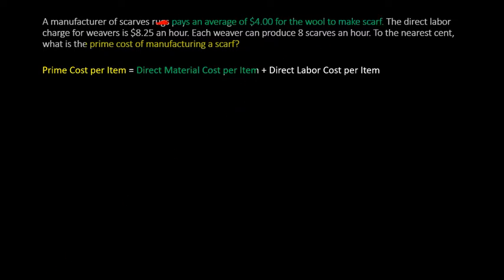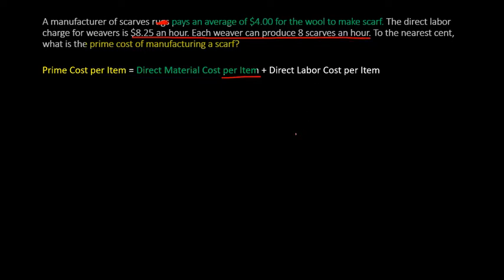And keep in mind that when we're looking at this, it is per item. So again, if it's $4 for the wool to make one scarf, then the direct material cost is $4 for that one scarf. But we also need to know direct labor cost per item, and it says the direct labor charges for the weavers is $8.25 an hour, and each weaver can produce 8 scarves an hour.